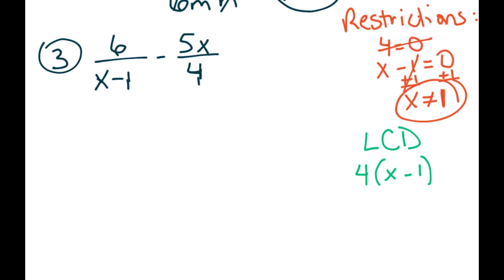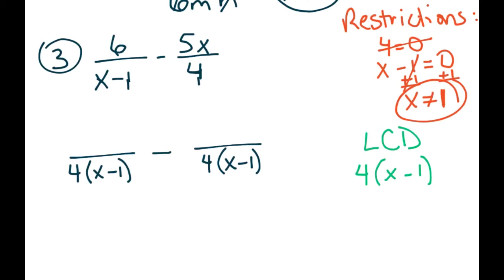Okay, so what I'm going to do is I'm going to come down here and I am going to write my common denominator under both fractions of my problem. So I just brought everything down, okay? Now, since I multiplied this by 4 to get this, I also need to multiply the top by 4, because remember we can't change the value of it, so whatever we do to the bottom we have to do to the top. 4 times 6 becomes 24.